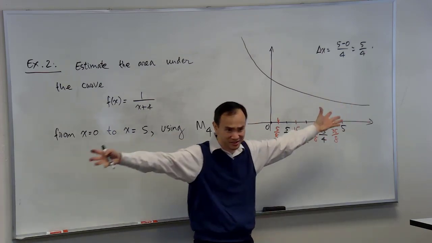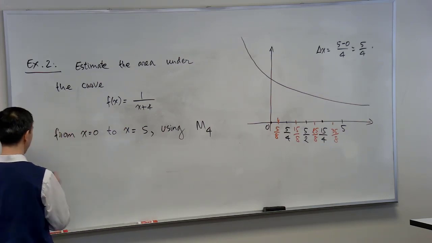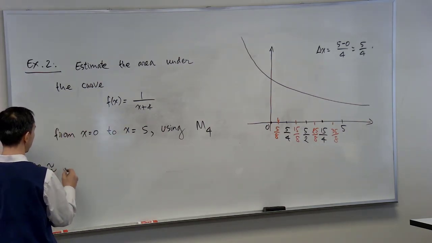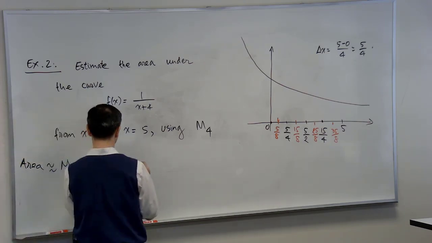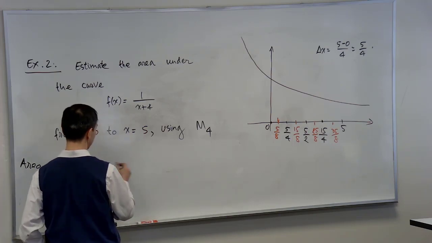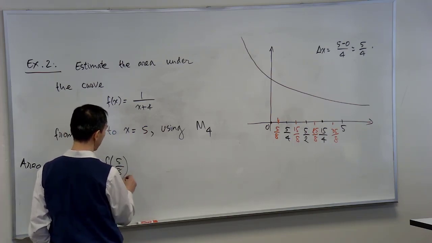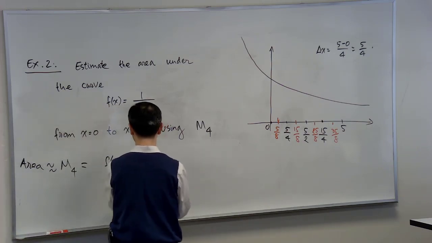So in the end, it's just the same picture. Now this is what we have right here. The area is approximated by M4. Let me just write down the complete one. The function at 5/8, the midpoint in the first interval, multiplied with delta x, being 5 fourths.